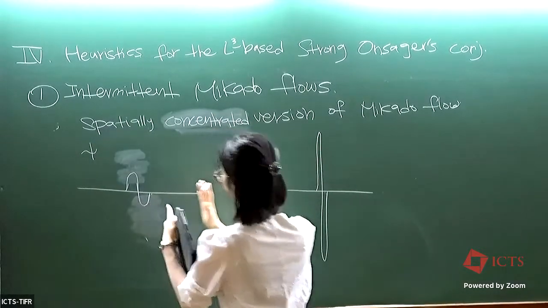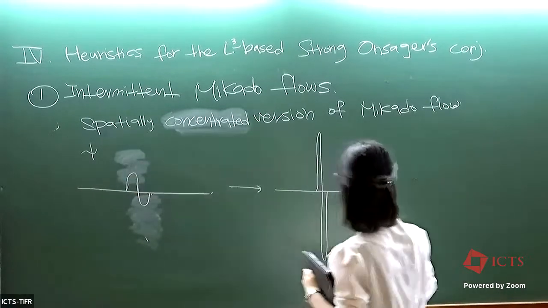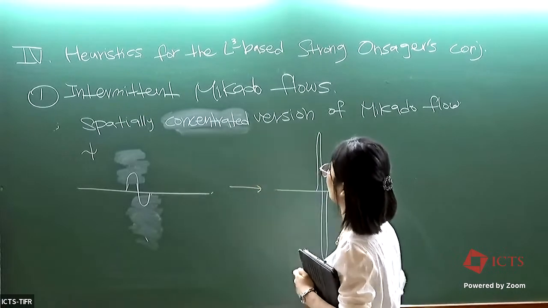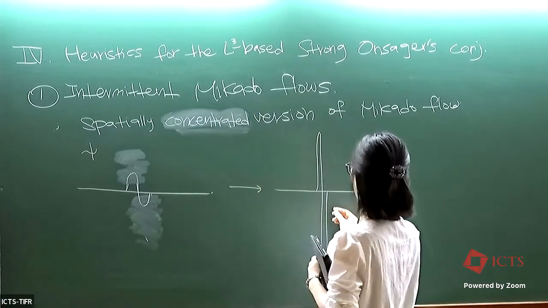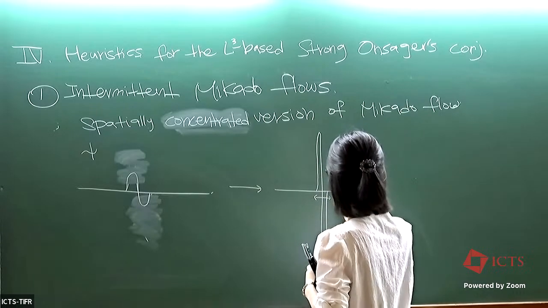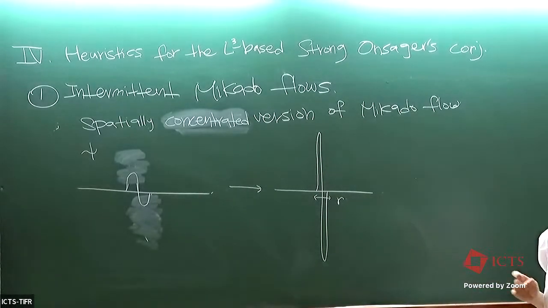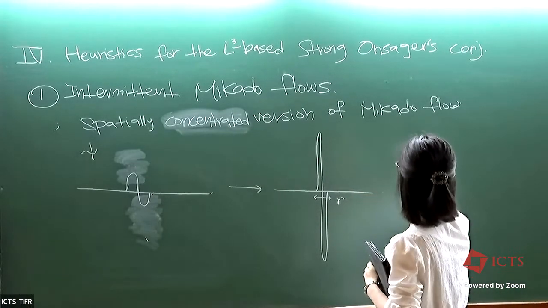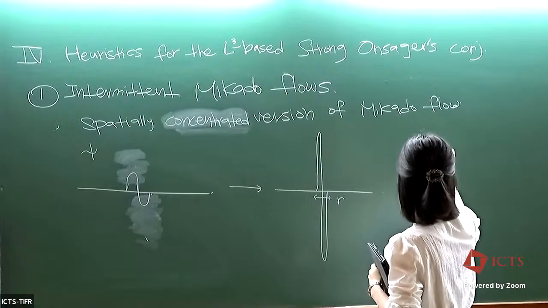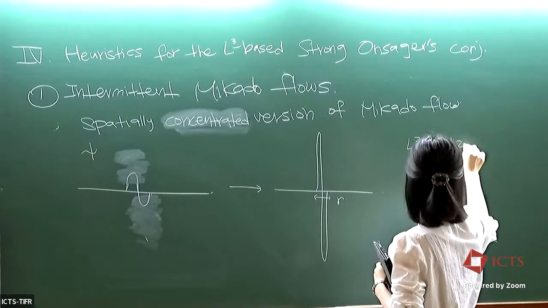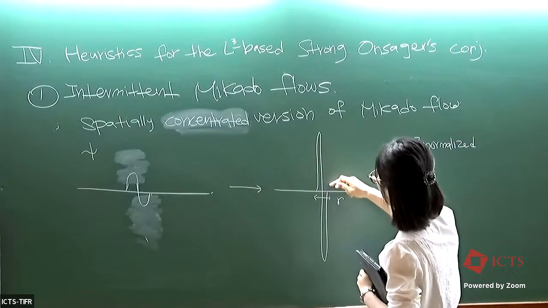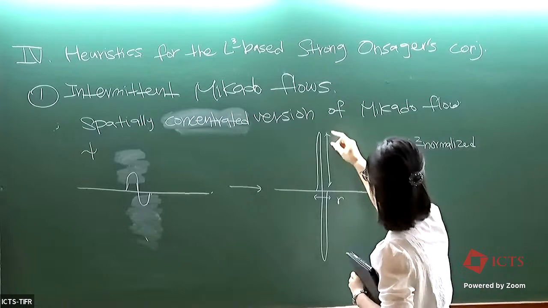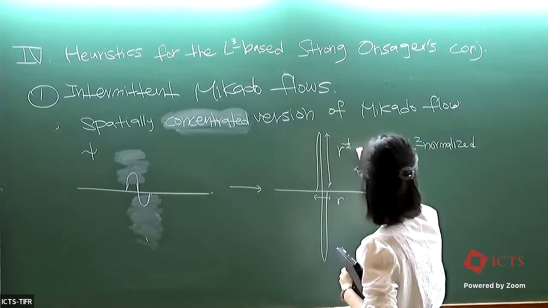So you just make a concentration of this, and then it will look like this. And to measure the amount of the spatial concentration, one can introduce the parameter R, which is called the intermittency parameter. And if you want to keep this, for example, what we want is the L2 normalized flow, then that will determine the size of the amplitude. So in the case of L2 normalization, the size should be R minus 1.